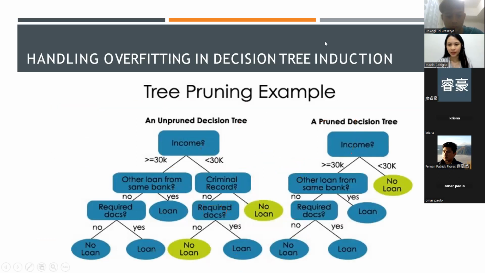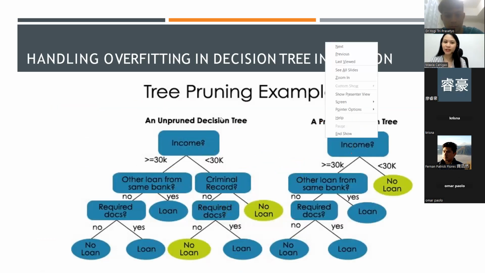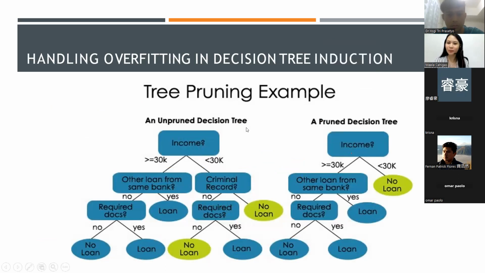Okay. But what if your decision tree has too many branches? Because sometimes we cannot really stop them from branching out unless you state in your code that you want to stop the branching.